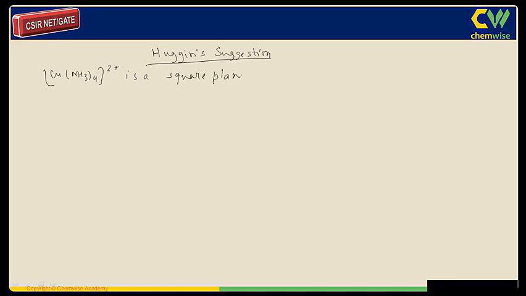So how can we determine the structure? Then there is one scientist named Huggins. So Huggins' postulate, or Huggins' suggestion, you can say. What does Huggins suggest? Huggins suggested that the copper tetraammine complex is a square planar complex.